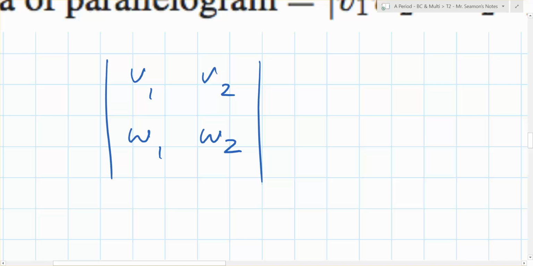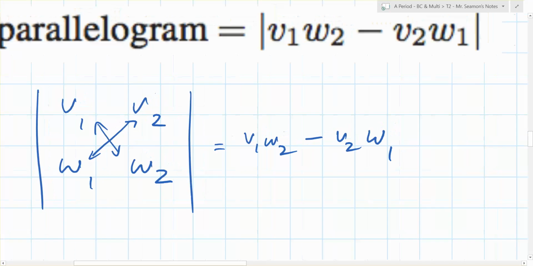It's a hit or miss type of thing. If I ask you for the determinant, and I'm not telling you what that is right now, you get to do this a lot when you take linear algebra, which is something almost all of you are going to take. You do these two multiplied together, so what does that equal? V1 W2, and you subtract these two. V2 W1. Oh, look what we have up there.